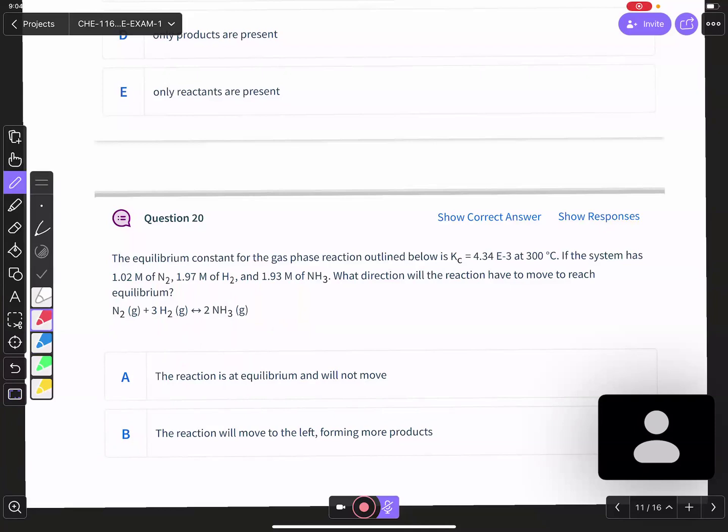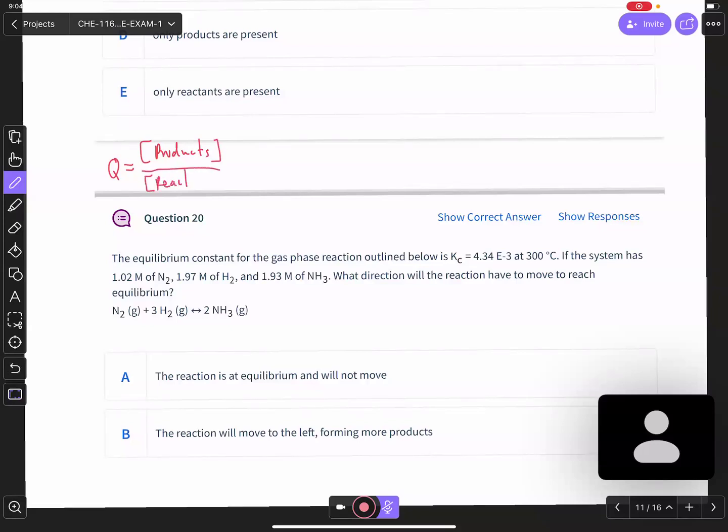We wouldn't need to know concentrations if this was Le Chatelier's principle. This is a reaction quotient question, which is Q. Our reaction quotient is the same, products over reactants, except our reaction quotient can be done at any time, any concentration, and it tells us what direction the reaction wants to move.